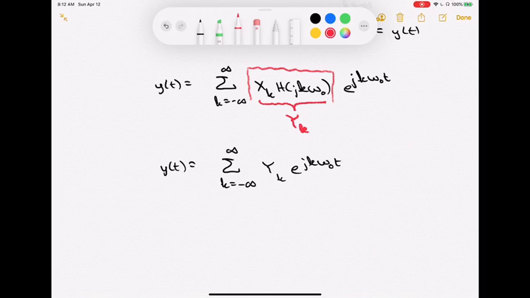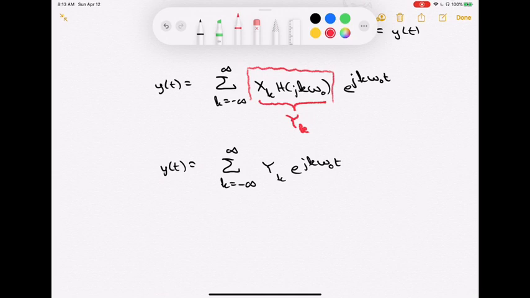You Laplace transform that expression, x convolved with h, and you get x times h. Well, the same thing happens here with the Fourier series. We see that our output Fourier series coefficients are just our input Fourier series coefficients, each weighted by the transfer function at the corresponding frequency, k omega naught. So that's a really nice and beautiful relationship.